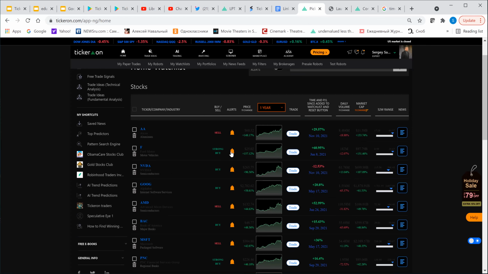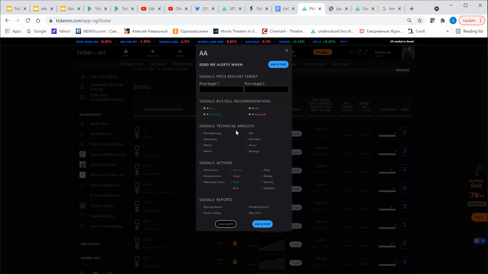Very interesting, a good feature. You click on alerts, and here you want to be able to really set up notifications. Let's say it is a sell, but when it's going to be buy, right? You click here, you're going to get a message about the buy signal.